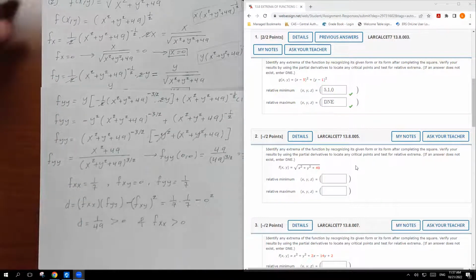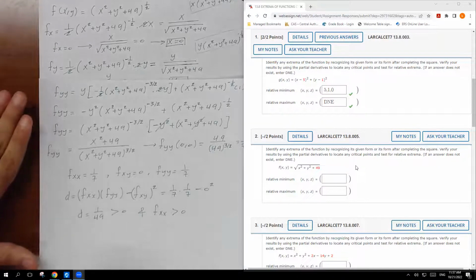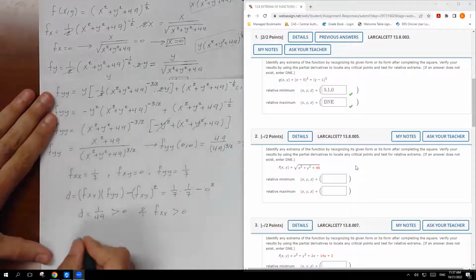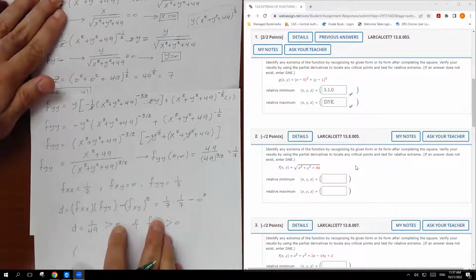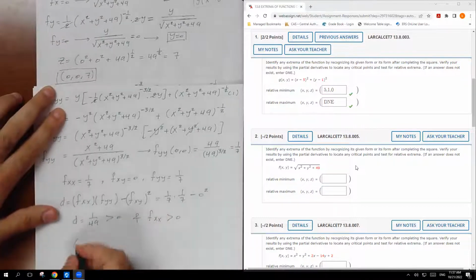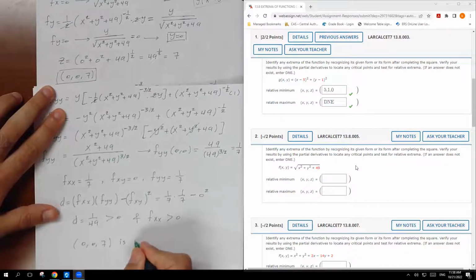If you go back to the first page, if D is greater than 0 and f sub xx is greater than 0, it's going to be a minimum. That means the first point we got with x, y, z, which is 0, 0, and the z is 7, is an extrema minimum.